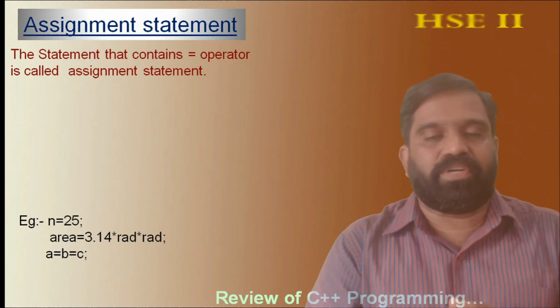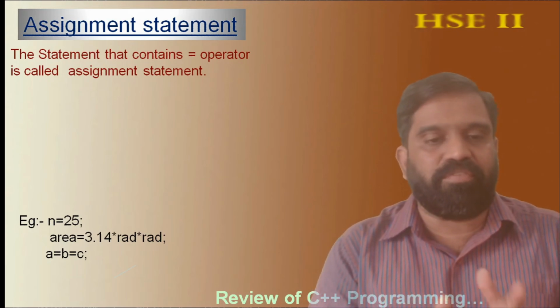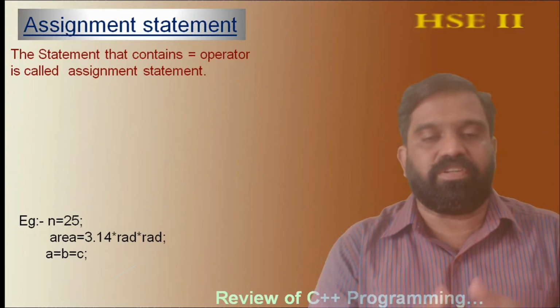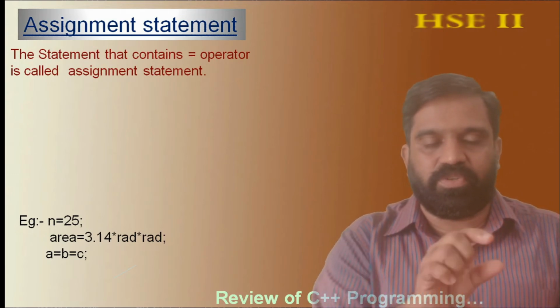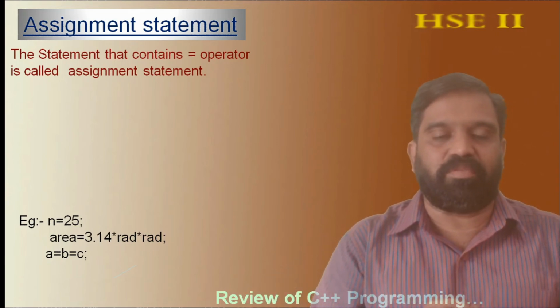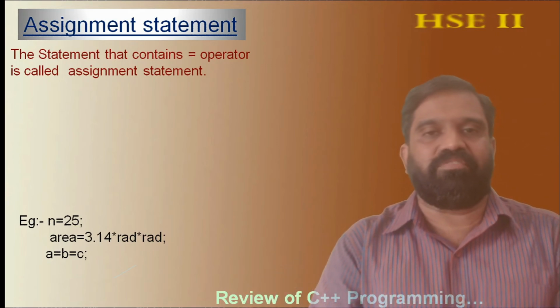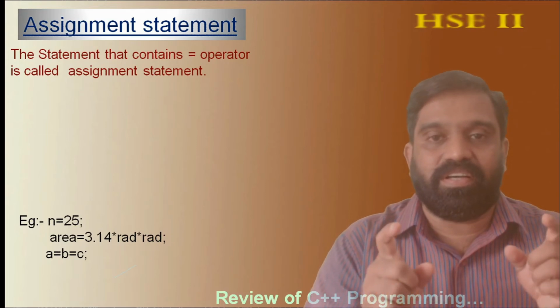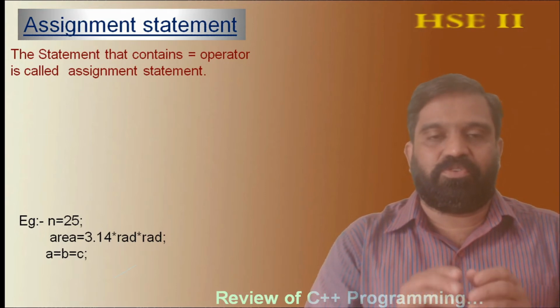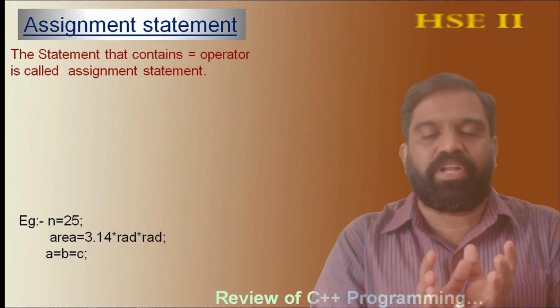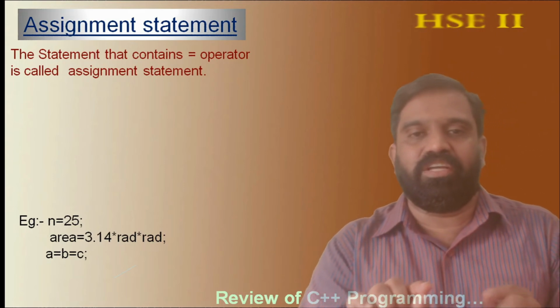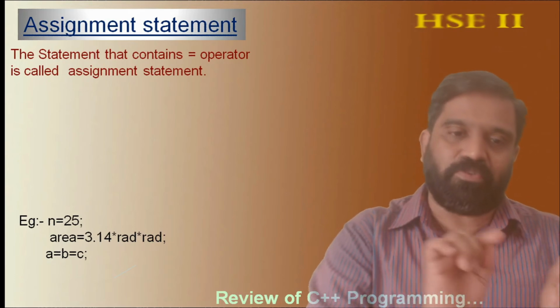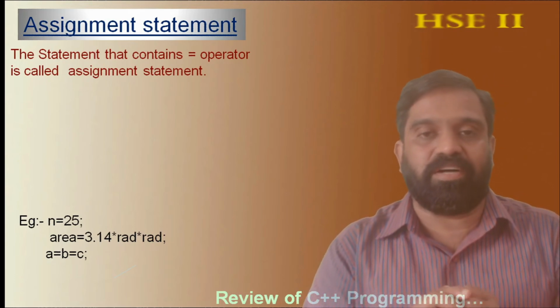Another example, you can see that area is equal to 3.14 into rad into rad, semicolon. That is nothing but another assignment statement, because in that particular statement we can see the assignment operator. After performing the operation, 3.14 into the value stored in rad into the value stored in rad will be stored in the variable area.